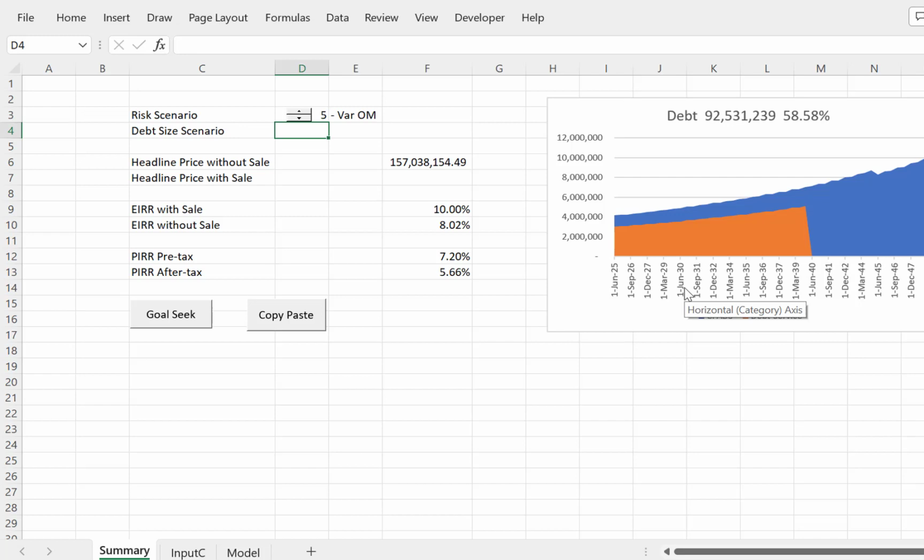So I want to use one scenario for the financing and another for the debt, and I don't want to press this copy and paste every stupid time, because if it's a real model it's a little bit bigger, and it's going to be a real pain. That's what we're doing in part 3, and that's the whole reason I made this video, so we could get to part 3.